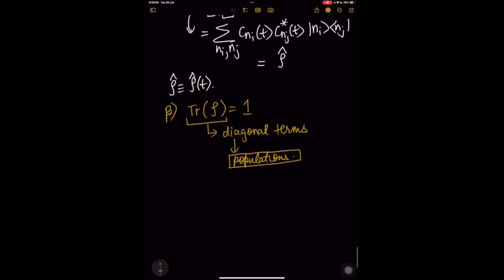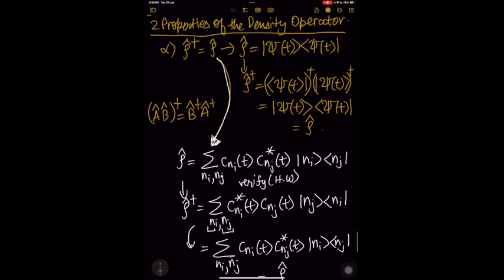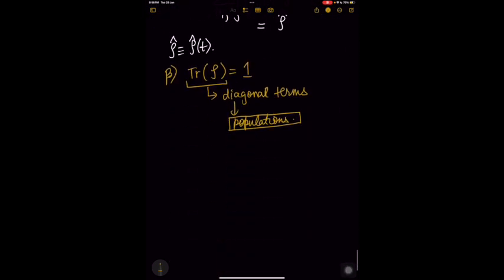So the sum of all the populations would add up to 1. These are the two properties of the density operator which I would like to consider up to this point.